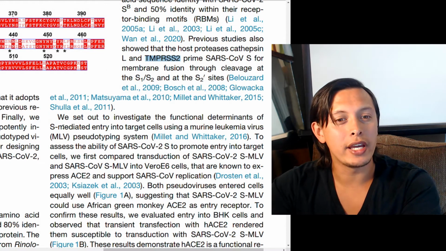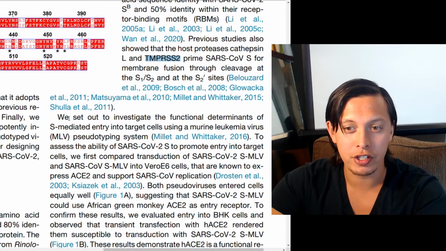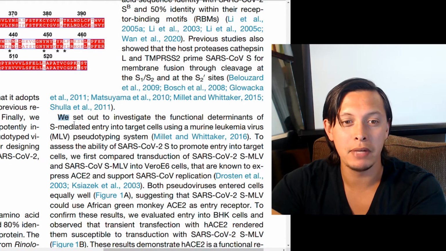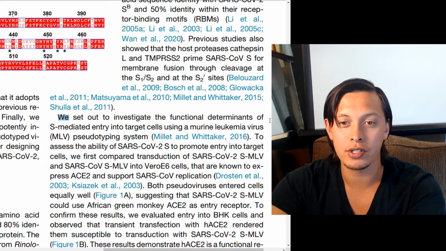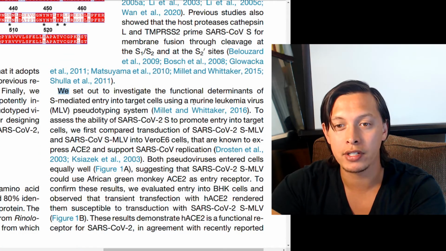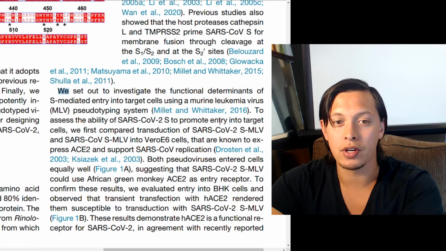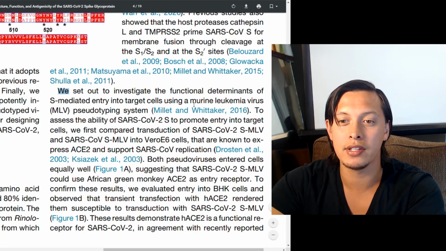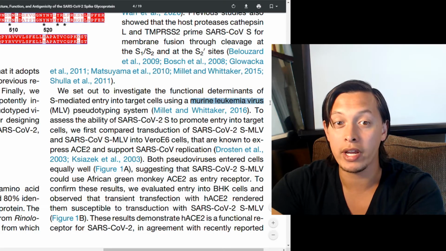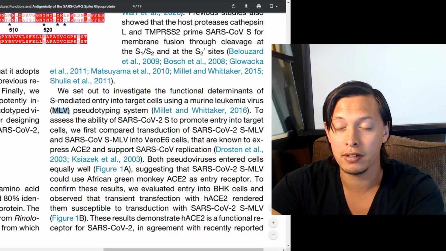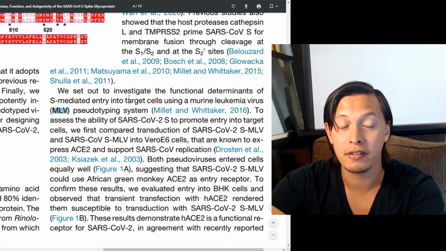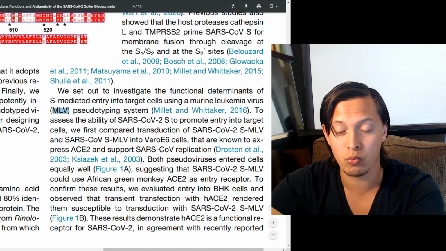So we set out to investigate the functional determinants of S-mediated entry into target cells using a murine, or rodent, leukemia virus or MLV pseudotyping system. This MLV is a weakened virus that is missing a lot of really important replication parts.